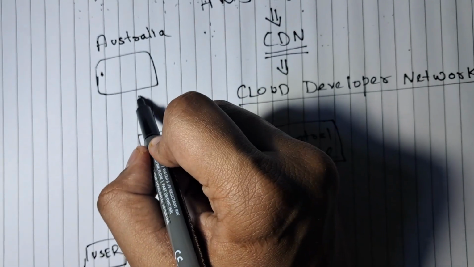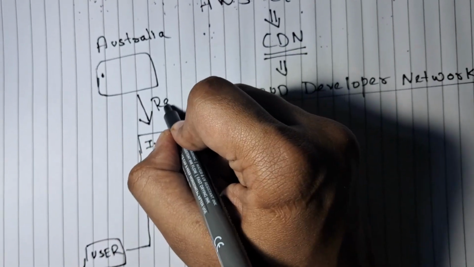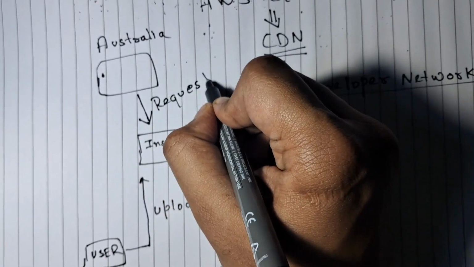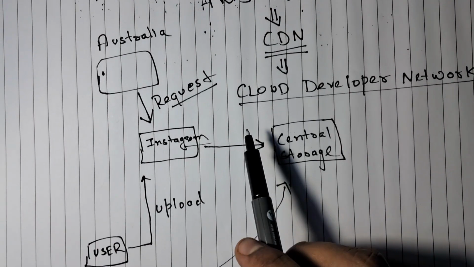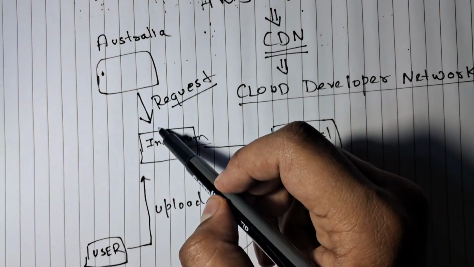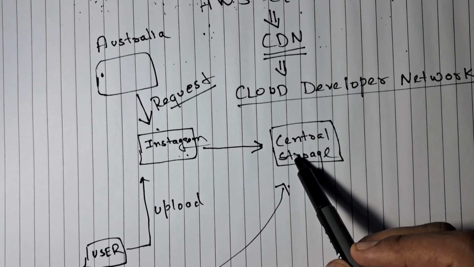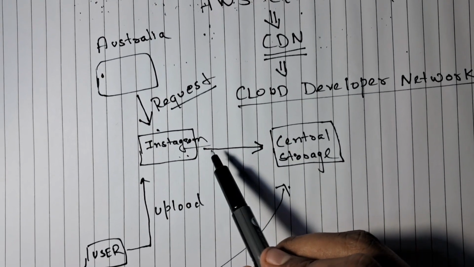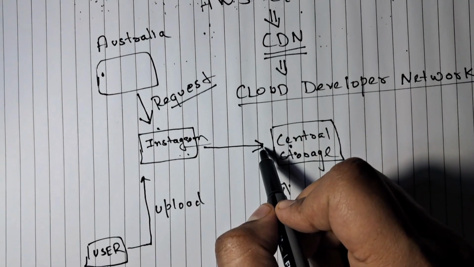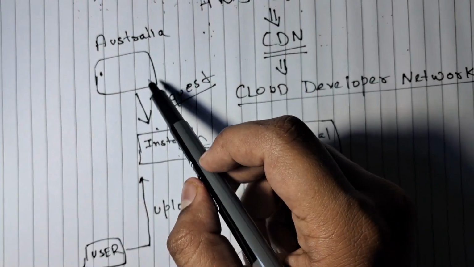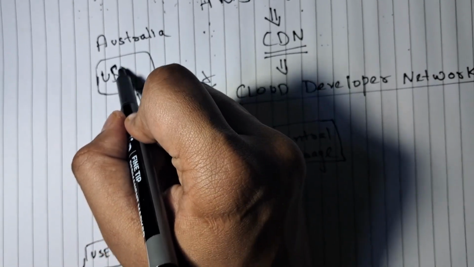So he will also go into the Instagram portal and request to see the photo I have uploaded. Instagram will go again to the central storage and check whether that photo is uploaded or not. And if it is uploaded, it will revert back to the Australian user with the photo.